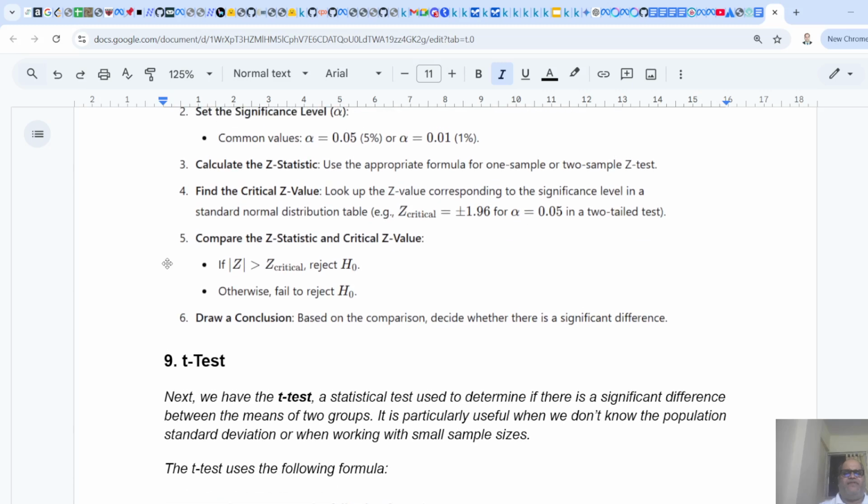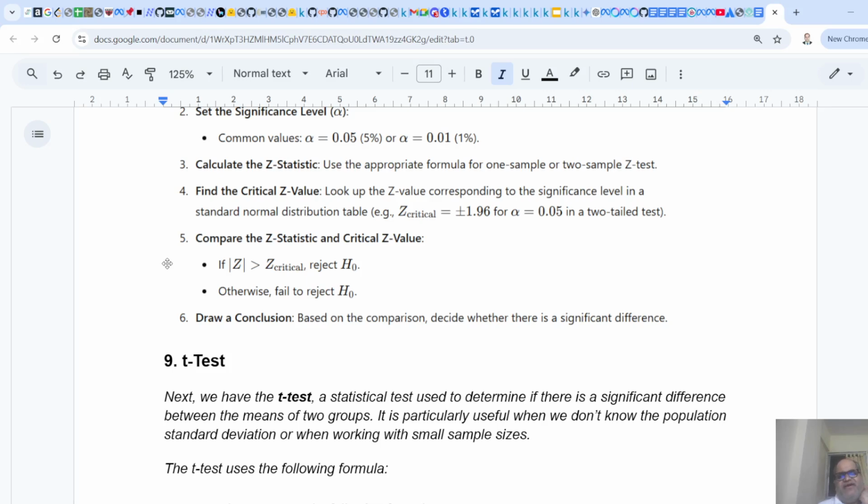We will not go to the two sample Z test. We'll just talk about one sample, because we don't want to add too many details which are not in your syllabus. For the one sample Z test, you find the critical value, which at 95% will be 1.96, as you know.